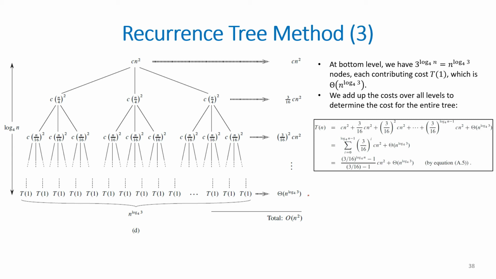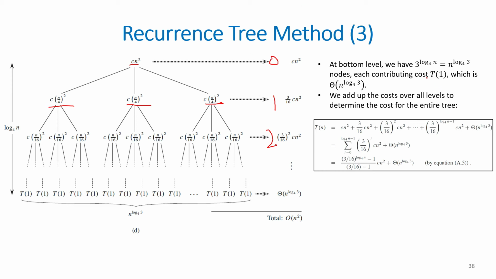Now let's try to calculate the number of nodes in each level. In level 0, we have 1 node. In level 1, we have 3 nodes. In level 2, we have 9 nodes. And therefore, to generalize this, in level i we would have 3 to the power i nodes.